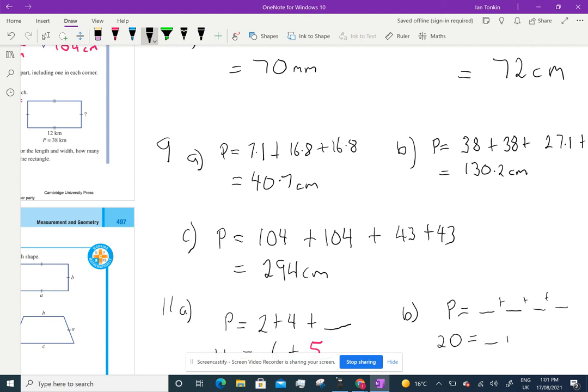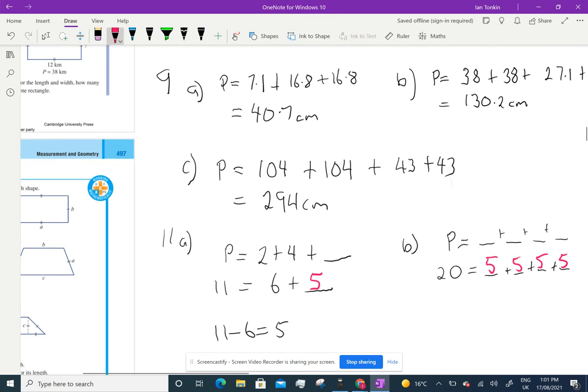I wonder what number added to itself 4 times. Well, if I do 3 plus 3 plus 3 plus 3, that only gives me 12. That's not enough. Imagine if I did 4. 4 plus 4 plus 4 plus 4, that's 16. That's not enough. But imagine if I did 5. 5 plus 5 plus 5 plus 5, that gives me 20.